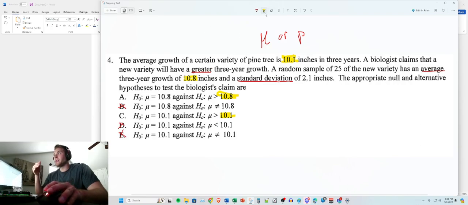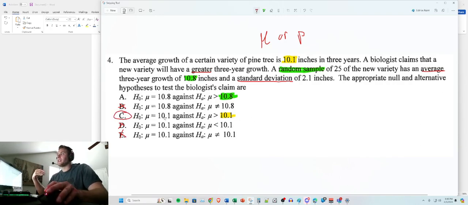Well, if you read the second number on here, we'll notice that this number is talking about the random sample that they took. And the way that this one reads is that it's talking about the entire population. And so with that in mind, that's why we would not choose A on this one. We would in fact choose C as the correct answer because it's in terms of the population.